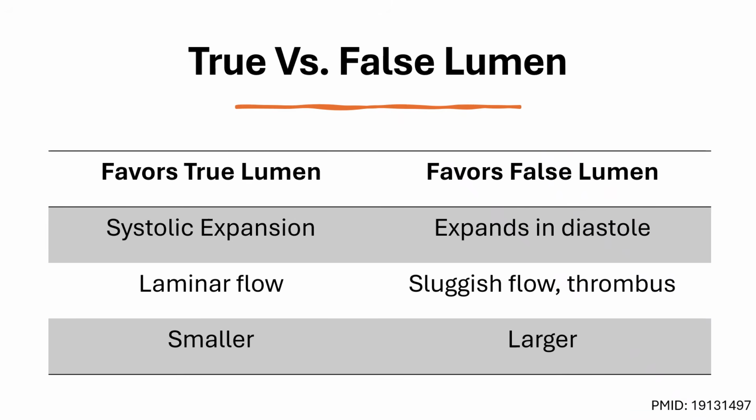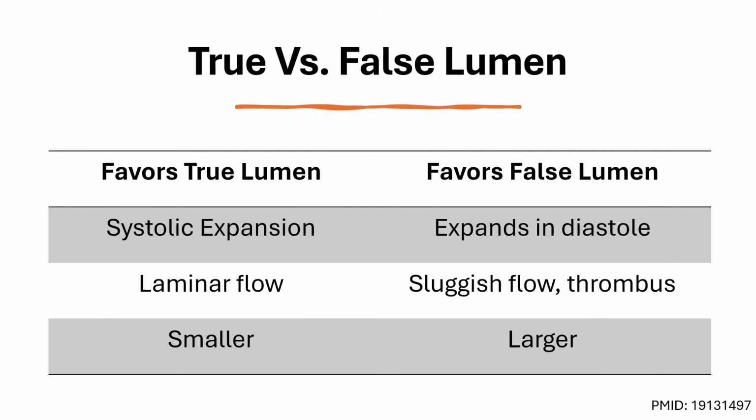In many cases, we can distinguish between the true and false lumen with the help of echocardiography. Unfortunately, every one of these is not 100% specific, and ideally one should use multiple parameters to decide which is a true or false lumen. In general, parameters which favor the true lumen include expansion in systole, laminar flow, and smaller size.